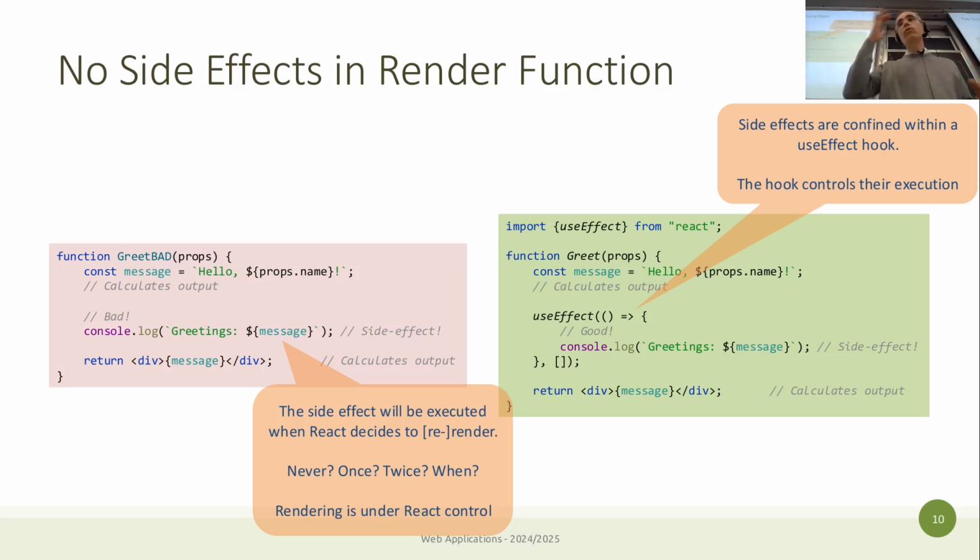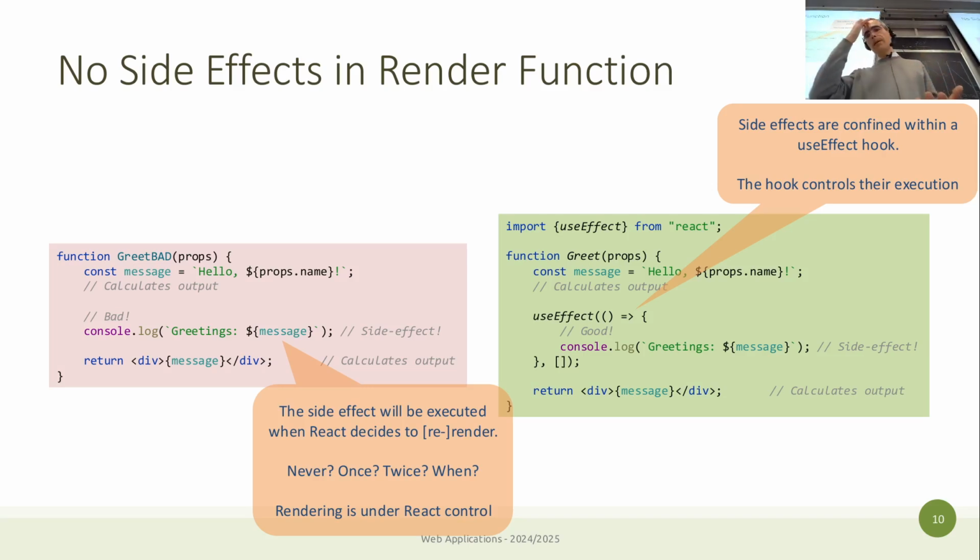Here it's very simple, and the console log does not really create problems for React. But if you subscribe to some communication system, log something, load data from the server, store data on the server, and so on, you don't know how many times this function will be executed.